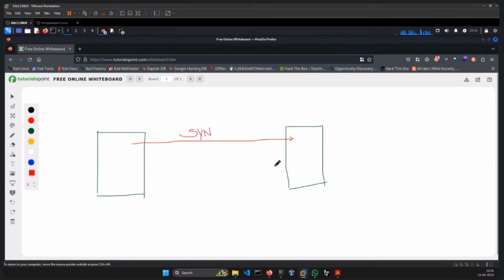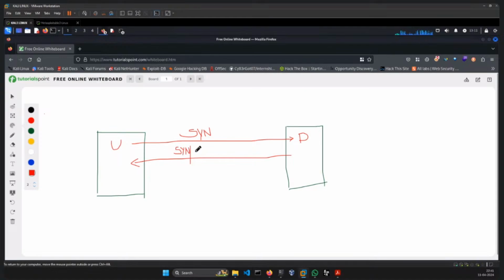If that packet was received successfully and our partner wants to connect with us, they will send the second handshake, that is SYN-ACK.